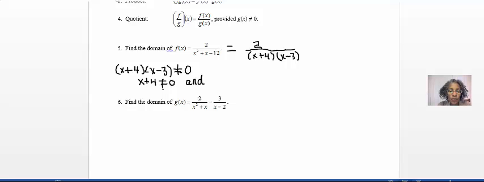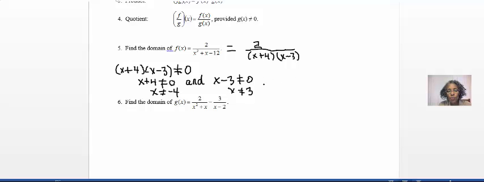So we need x plus 4 to not equal 0, and we need x minus 3 to not equal 0. If I add negative 4 to both sides, I get x not equal to negative 4. If I add positive 3 to both sides of this unequal statement, x can't equal 3. So I need both of these to be true.